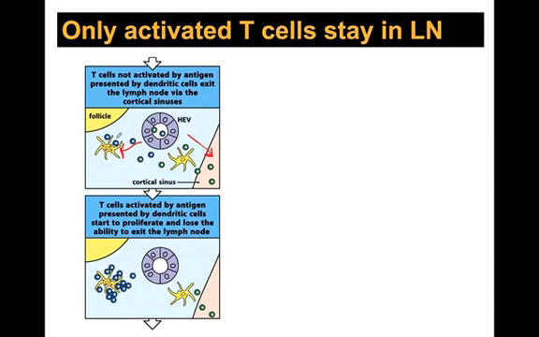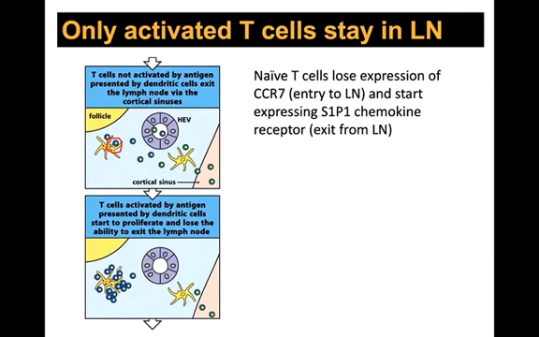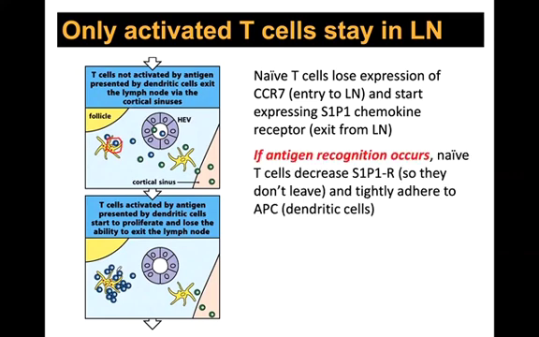But the blue ones that come in, here are antigen specific, are going to recognize antigen on the dendritic cell, whether it was migratory or lymph node resident, and they become activated and start proliferating. They're making autocrine IL-2, and getting some IL-2 from CD4 cells. So the naive T cells come in and they exit if they don't recognize antigen.